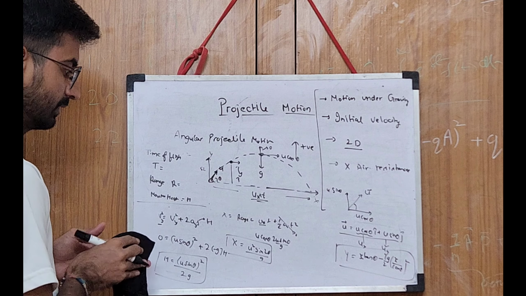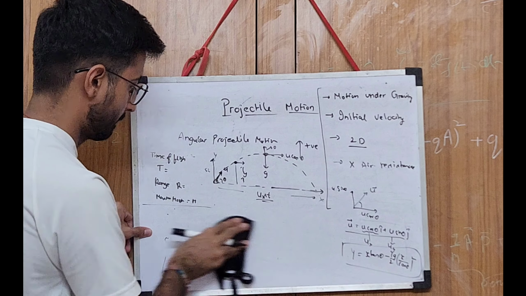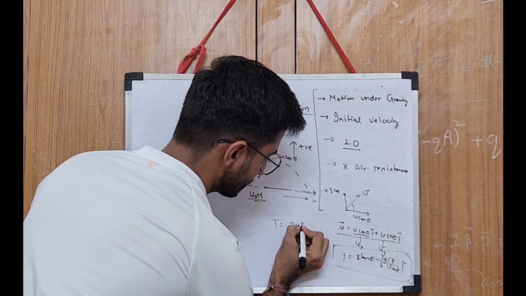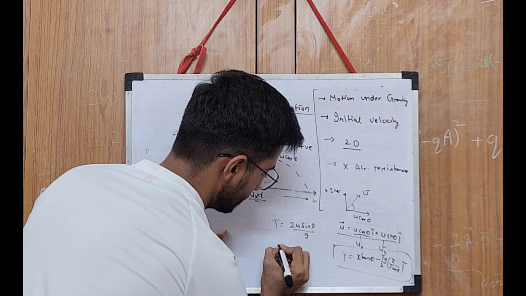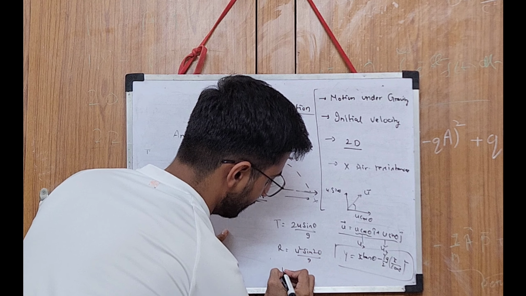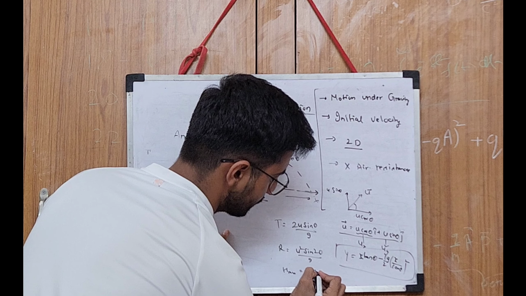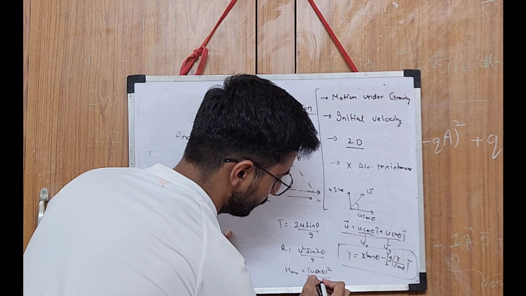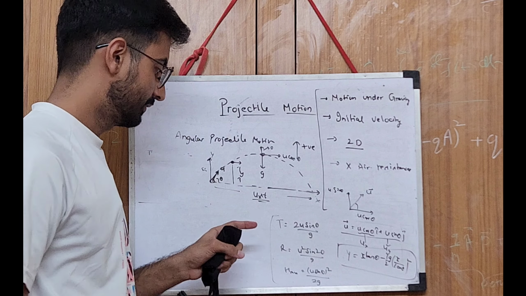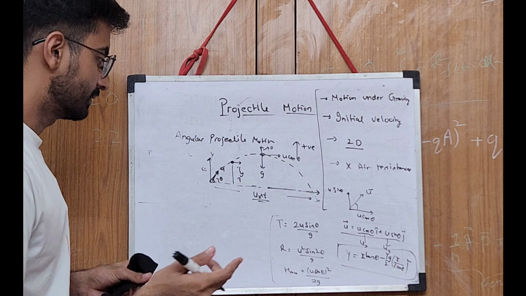I am writing the whole equations here. So the time period will be 2u sin theta upon g. Range will be u square sin 2 theta upon g, and h maximum will be (u sin theta) square upon 2g. So we have all the required equations for time of flight, range, and maximum height for our parabolic motion.